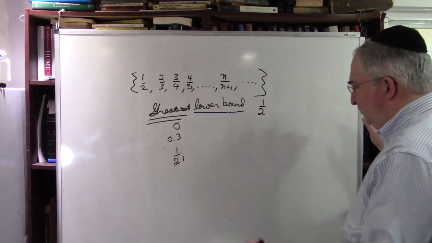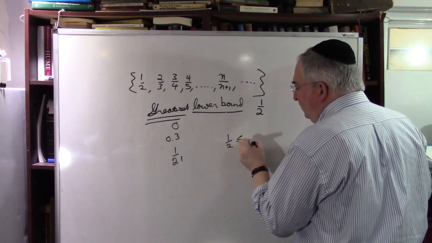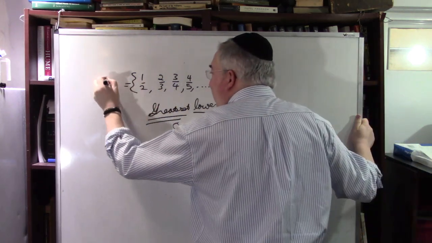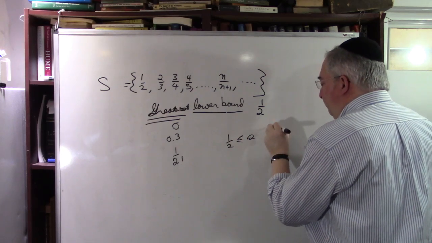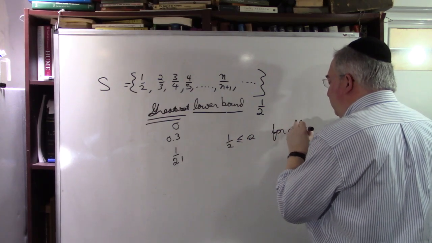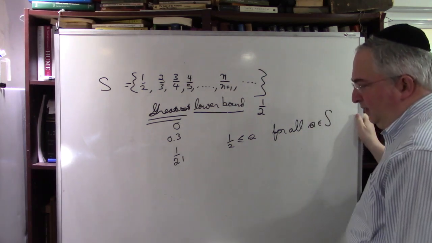Now, let's write that out. You ready? A half is less than or equal to, let's call this set S, that's less than or equal to S for all S member of S. Okay?